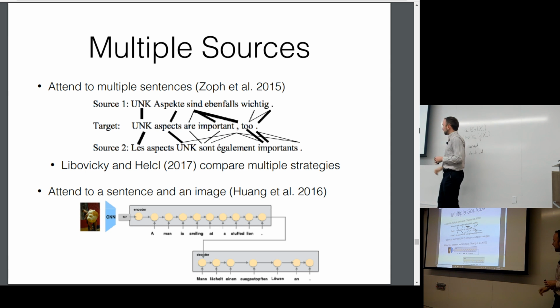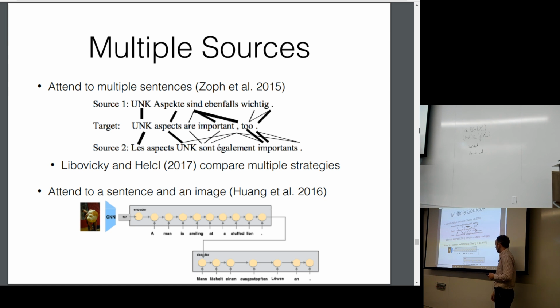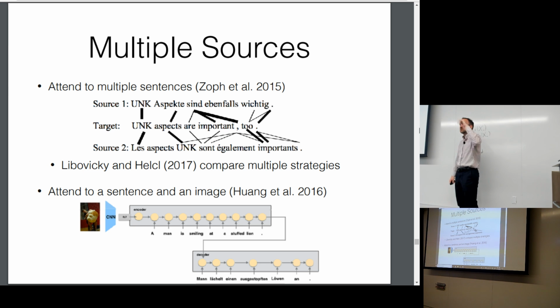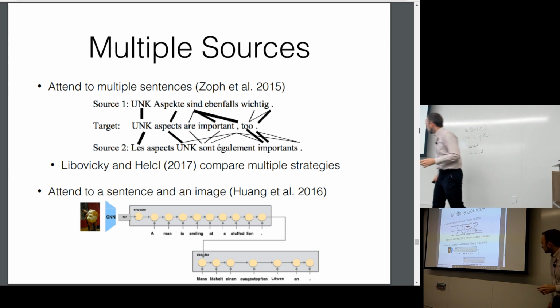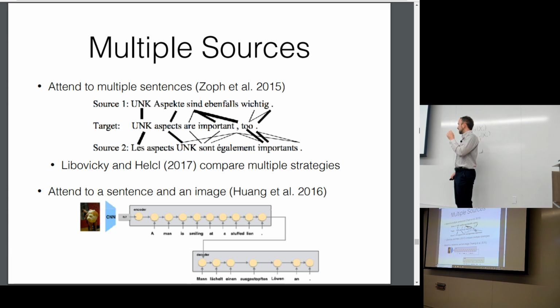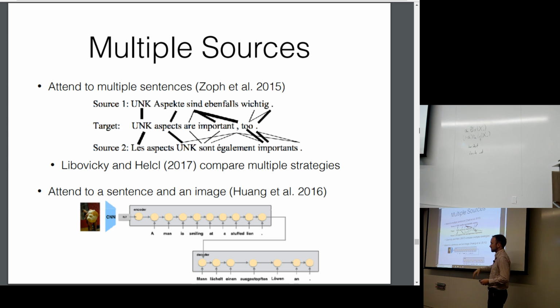More interestingly, maybe, is that you can attend to two different types of things when you're generating. An example of this is multimodal machine translation. You're given a sentence in English that you want to translate into German, but you're also additionally given an image, where this sentence is kind of a description of the image, or it's grounded in the image.